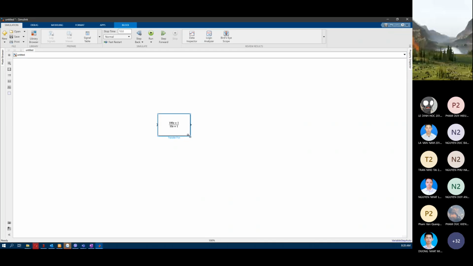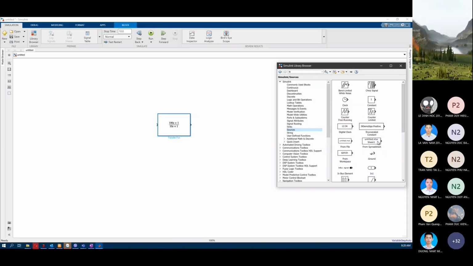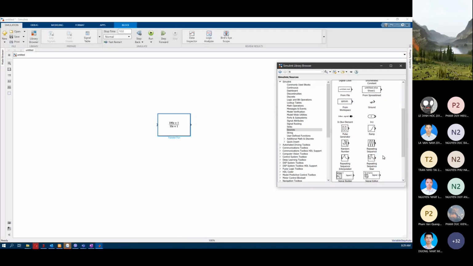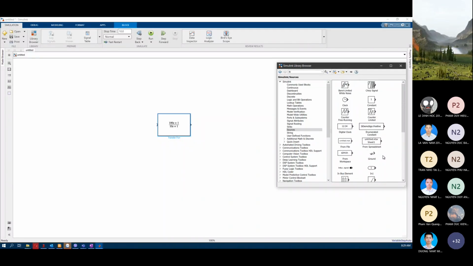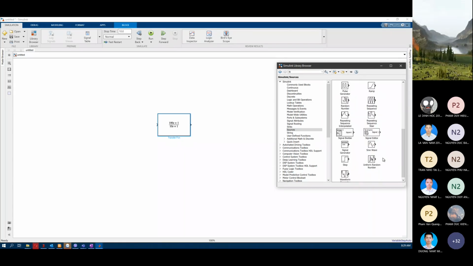Okay. And then we will give it the input as a source, and I will use the signal generator here. Where is this?